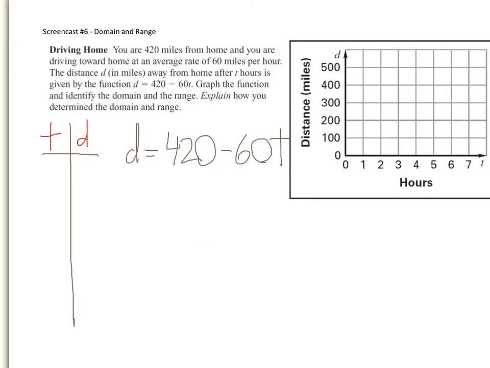So here we have the problem again, and I've set up some very valuable information for us. Let's see what this means here. The equation itself, d is equal to 420 minus 60t.